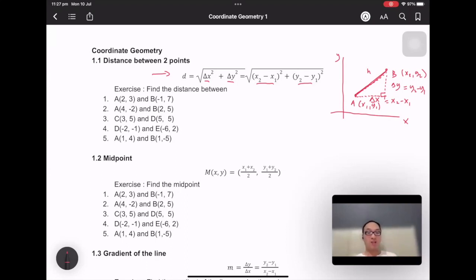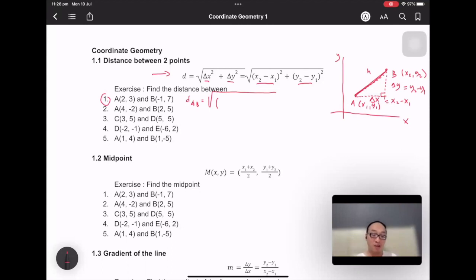I will take one example from question number 1. Find the distance between coordinate A and coordinate B. So the distance AB is the square root of delta x squared, where delta x is x2 minus x1.